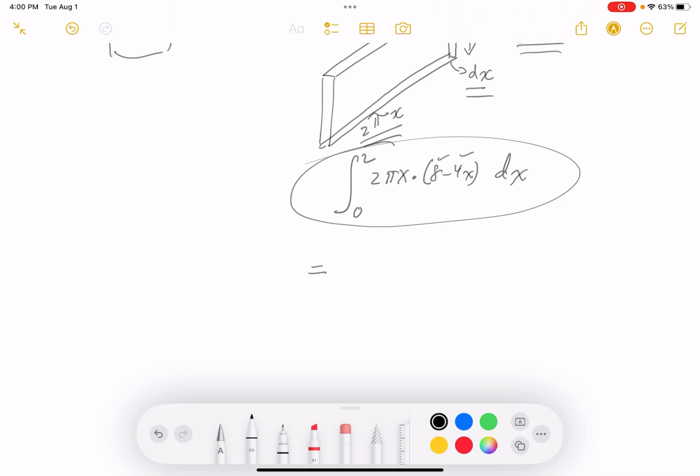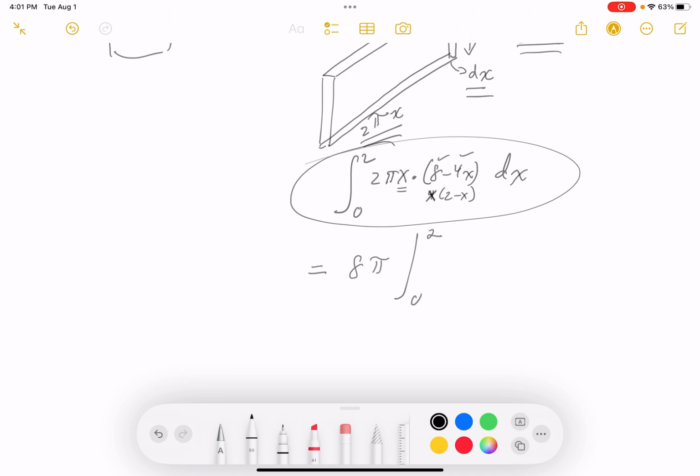I'm going to pull out a 4. And 4 times 2 is 8, so I'll say 8 pi, from 0 to 2. We're left with x. And if I pull a 4 out from this, I'm sorry, I didn't mean to say that. I pulled the 4 out already.